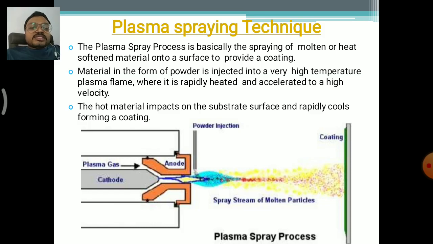So when the powder injection is done, the blue color flame comes under the yellowish color on the top side, and the spray stream of the molten particles is seen in the yellowish color on the upside part, and in the interior part you can see the red color molecules.